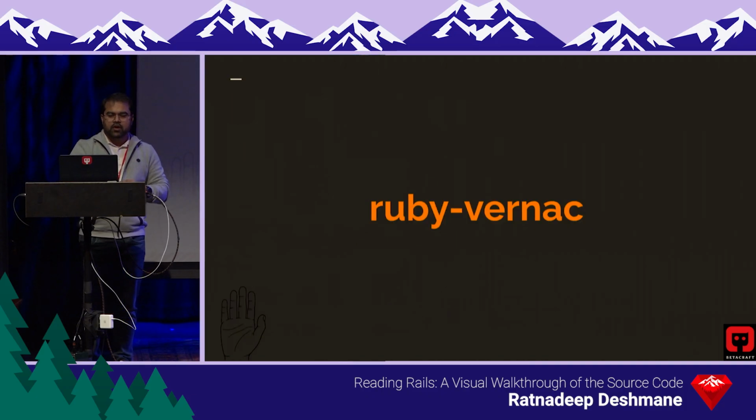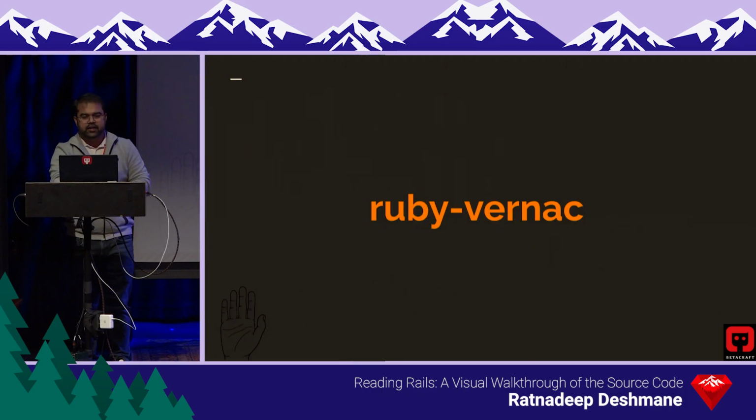Before we go into that, just one fun mention that I wanted to make of Ruby Vernac. This is another side project that I have, again open source, that you can look into. The motivation behind this one was that I wanted to make it easy for anyone who does not have English as their native language to learn programming.